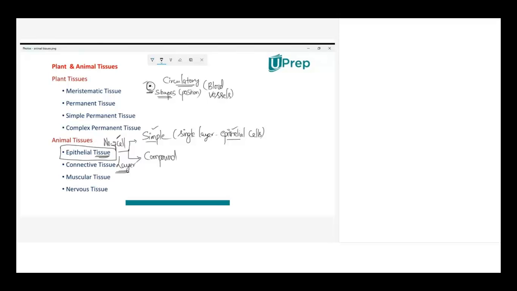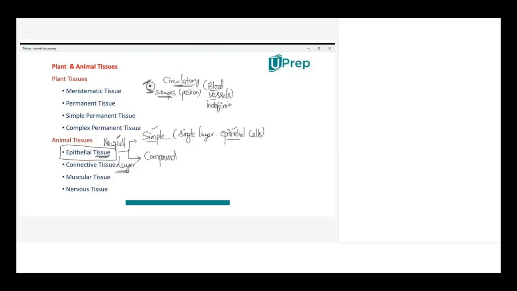Okay. These epithelial cells, if found in the circulatory system blood vessels, will have an indefinite shape. Means they will not have any definite shape. Random boundaries we'll find with these epithelial cells.